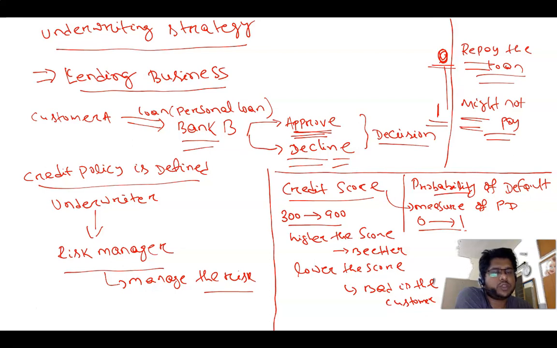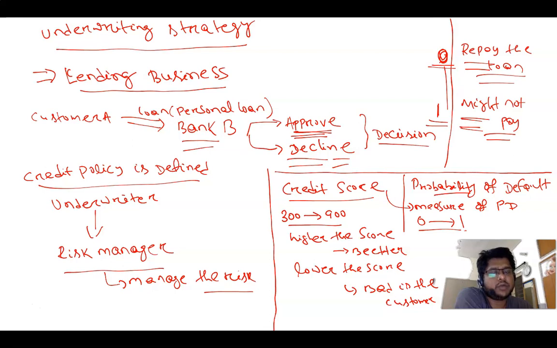So if his score is low, that means he is bad, the chances of him not paying the loan are high. And if the score is high, the probability that the customer will not pay the loan is very low, hence the score is higher. So the higher the score, the better it is for the bank.